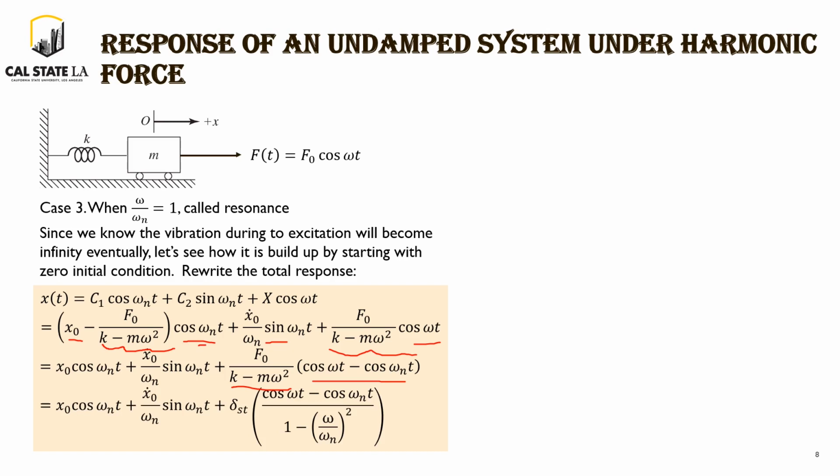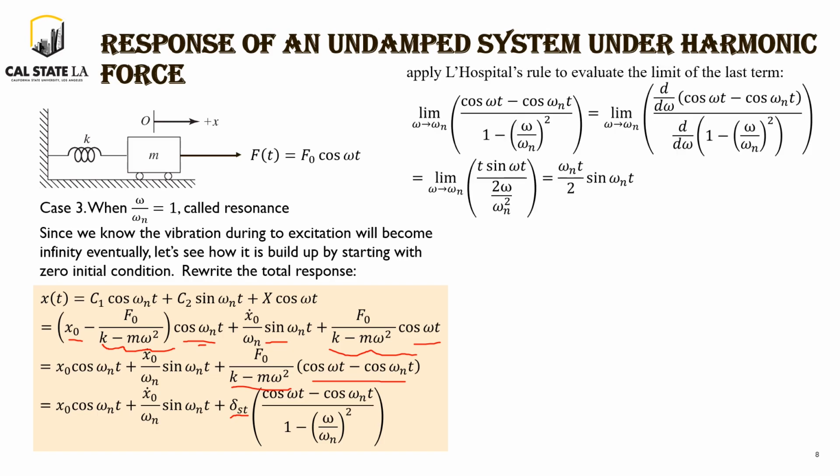We can further write it in terms of static deflection. Then it becomes x0 times cosine omega n t plus x dot 0 over omega n times sine omega n t plus delta st times (cosine omega t minus cosine omega n t) over 1 minus (omega over omega n) squared. And when omega gets very close to omega n, we know that we cannot find the limit directly of the last term.